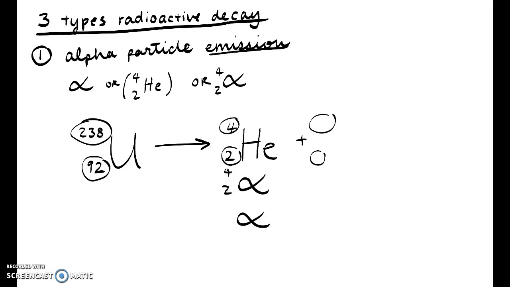So we can subtract 238 minus 4, which gives us 234. And we take 92 minus 2 equals 90. So the numbers on the right side add up to equal the corresponding numbers on the left side. When we look at our table of the elements, what element has 90 protons? That's thorium.